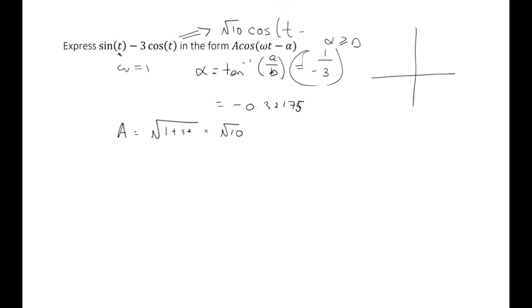We've got a positive 1 and a negative root 3. That's that, and that was root 10. So what we found is the angle that's in the wrong quadrant. So really what we're saying is that the angle is actually pi minus 0.32175.